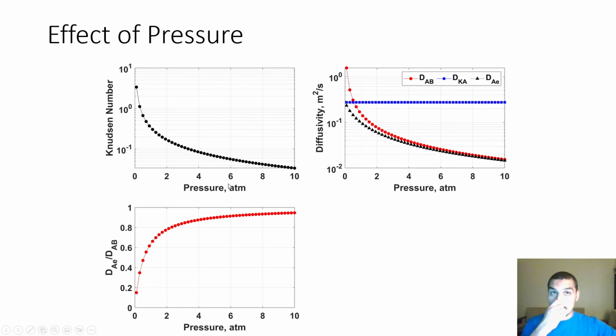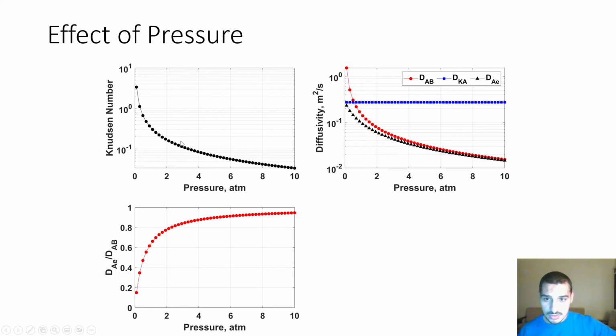So we know that at high pressure the mean free path is small, and at low pressure the mean free path is big. So this is what this graph tells us. So at very small pressures, you'd see Knudsen number here is almost 3 point something. Which means that the Knudsen diffusion is very important in this case.